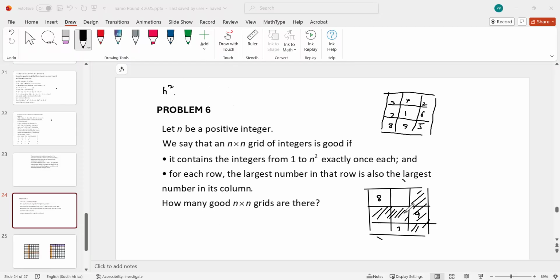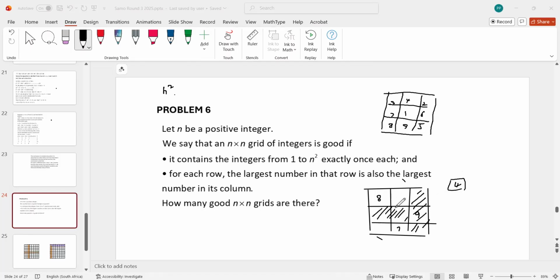Now, if you notice here, you've got 9 squares and 5 have been eliminated. So there are 4 choices, as we saw, for the second largest number, and we chose that one. We could have chosen any one of those 4, there or there or there. And then the third largest, okay, let's do that.